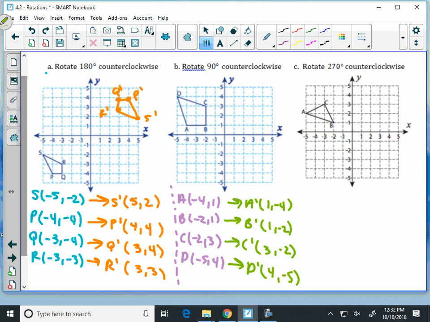Change the sign of the first. You go through, change all your new firsts. They all happen to be positive, so they're all going to change to a negative. That doesn't always happen. Sometimes some of them are positive, some of them are negative. Go through and change them to the opposite. And then plot your new points.